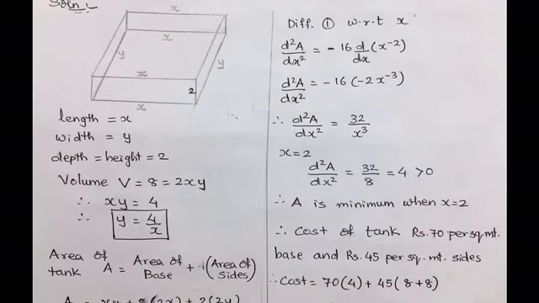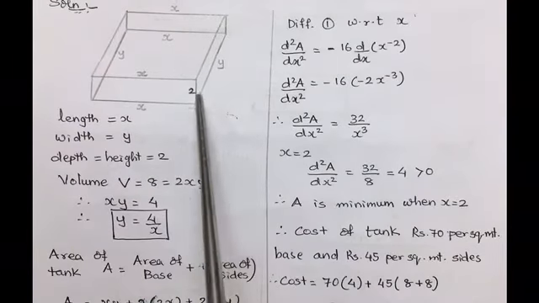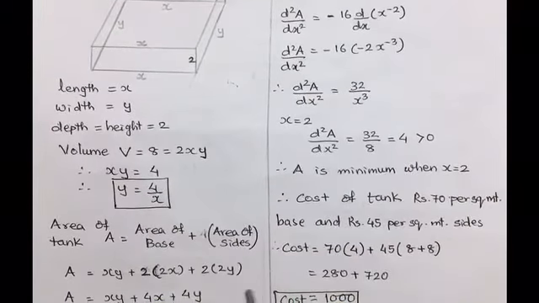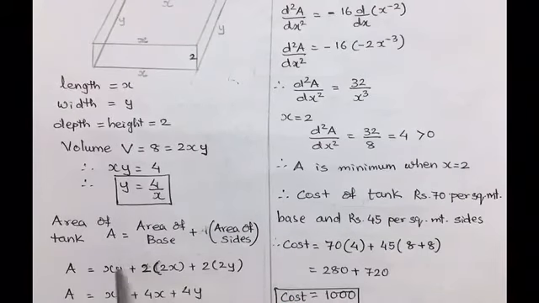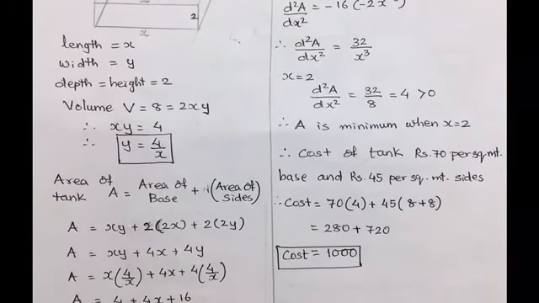So 2 sides in total, and their area is 2 into x, that is length into breadth. 2 of the sides will have length as y and breadth as 2. So 2 is the number of sides multiplied by the area, length into breadth, that is 2y. This is how the area function is being made.